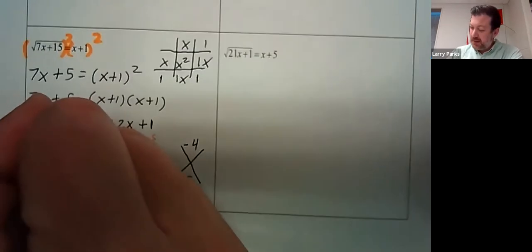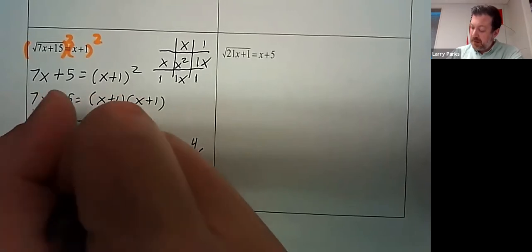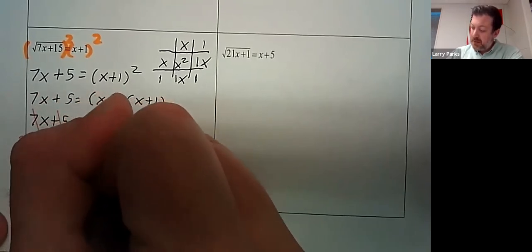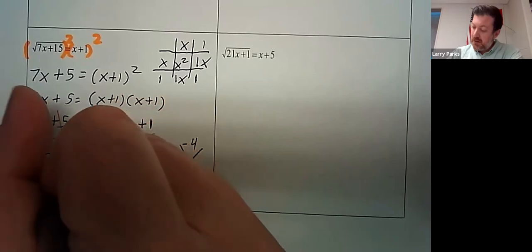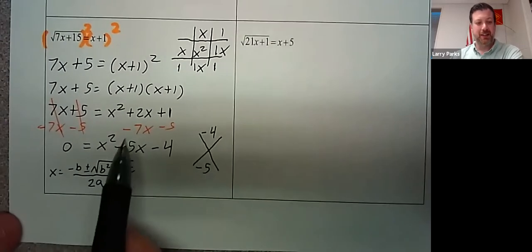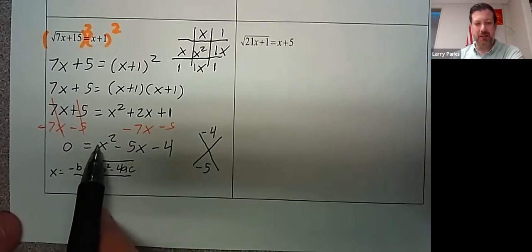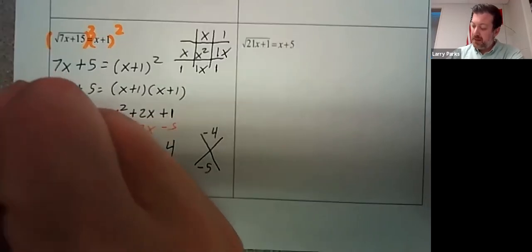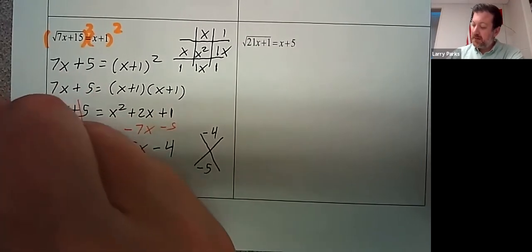See, that's x equals negative b plus or minus square root. Been a while. So this is A. A is 1. B is negative 5. C is negative 4.